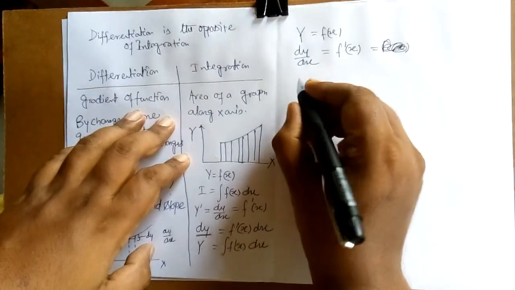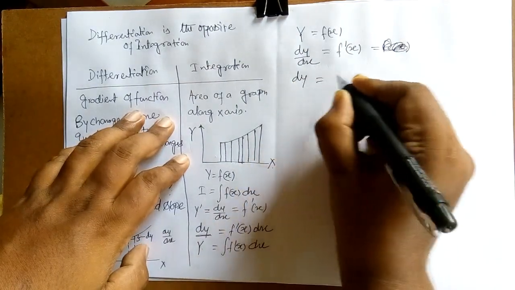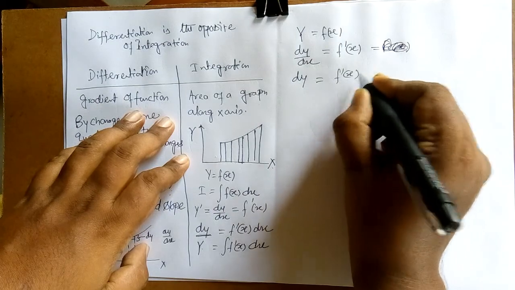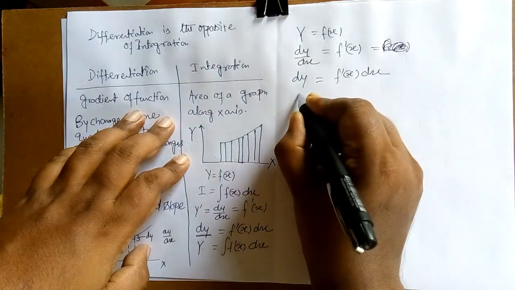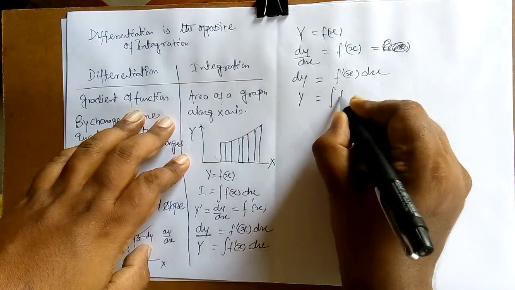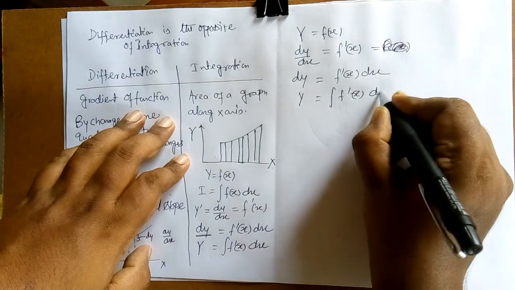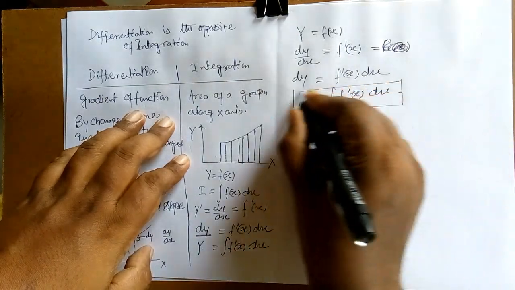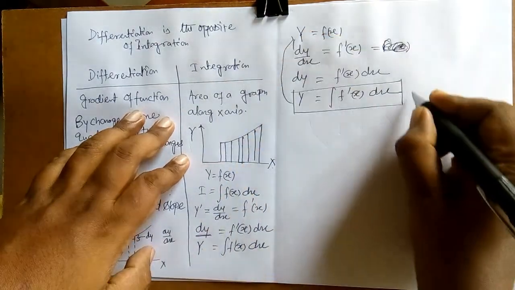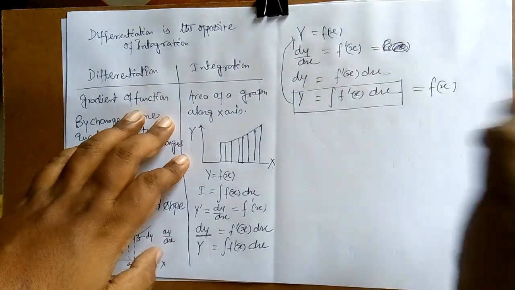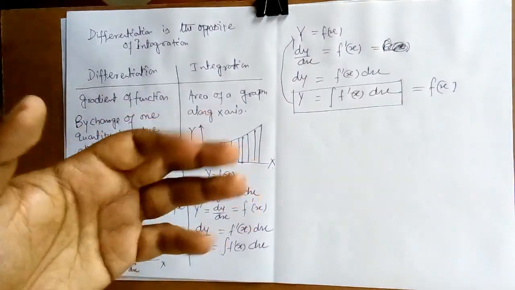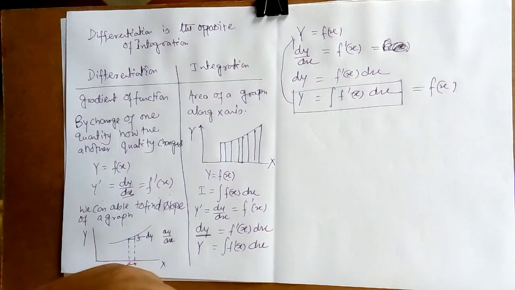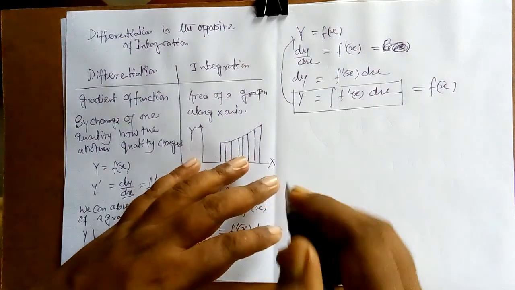And now if I want to find y again, I integrate f dash x dx. So y equals the integration of f dash x dx. Then I again get this y, and that is f of x. Let's see an example. Then your idea will be clear.